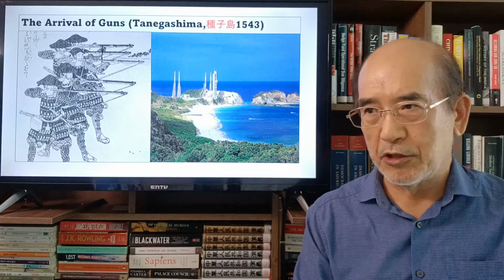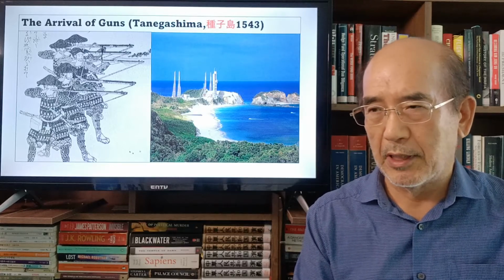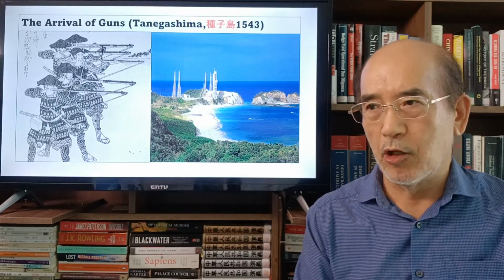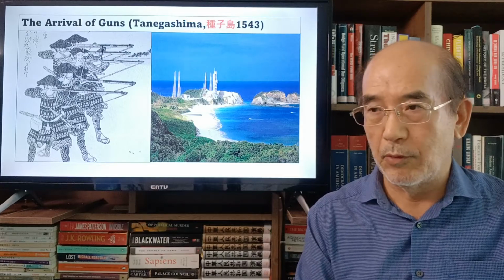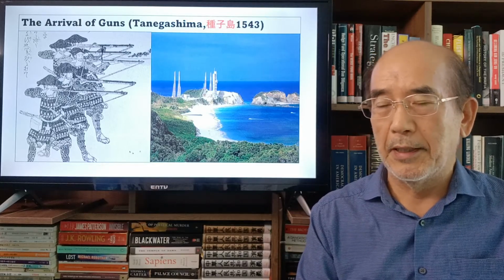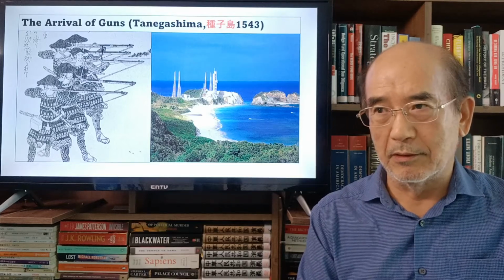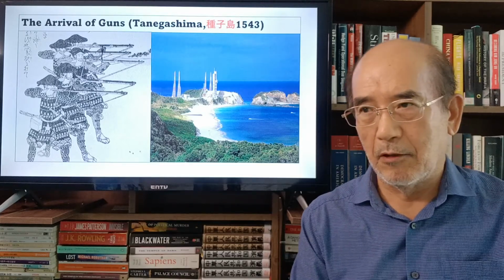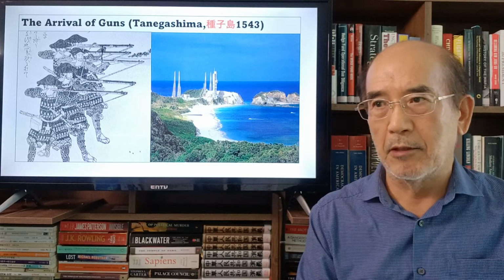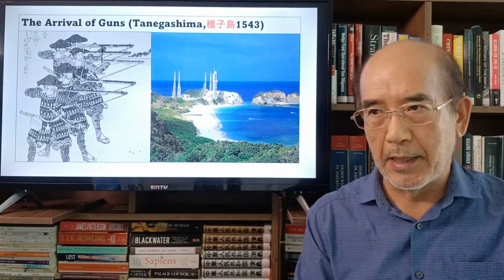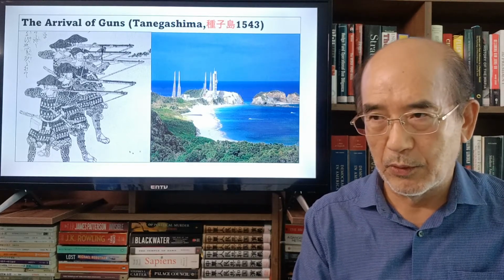In that ship were Portuguese sailors, but they were equipped with rifles, Western rifles. So that year was actually the arrival of Western guns, in a sense Western firepower and military technology, in the Japanese archipelago.